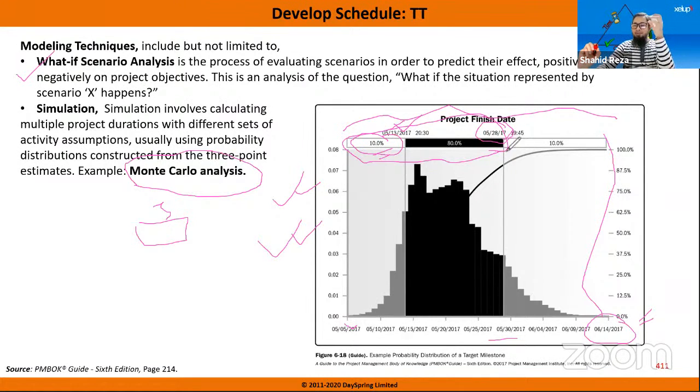If you want 90% probability, which date will you pick? From here we can see 28 May is the date when we can be 90% assured that the project will finish.